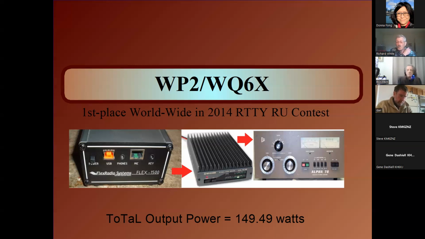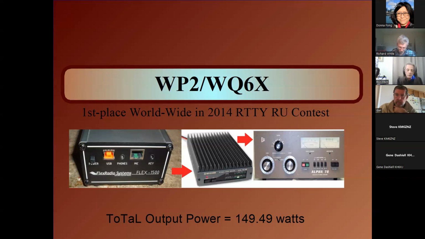I'm going to talk about power increases in a moment. The output of the Tokyo High Power basically drove a kilowatt amplifier to run at 149.49 watts. How do I know it was exactly 149.49? We had a digital watt meter on the end of it, and that's what we tuned it for.